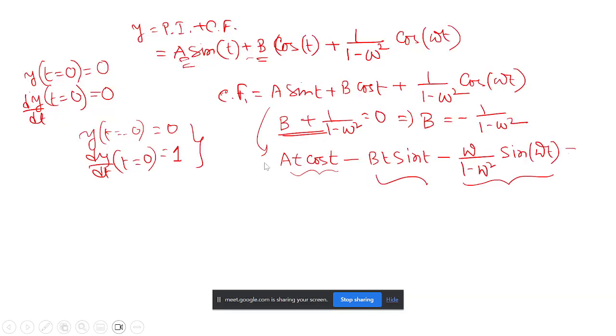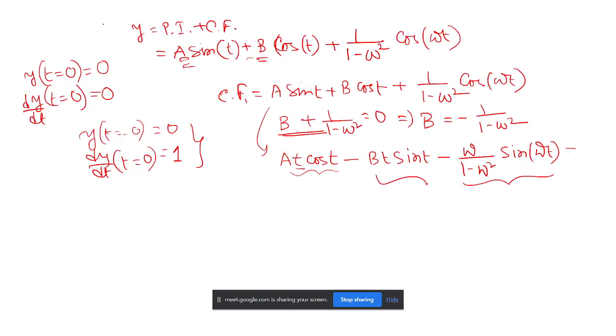Oh, so here I have made a little mistake. So let me write down clearly. The solution that we have is this: a sine t plus b cosine t plus 1 by 1 minus omega square cosine of omega t. So you can have different initial conditions.